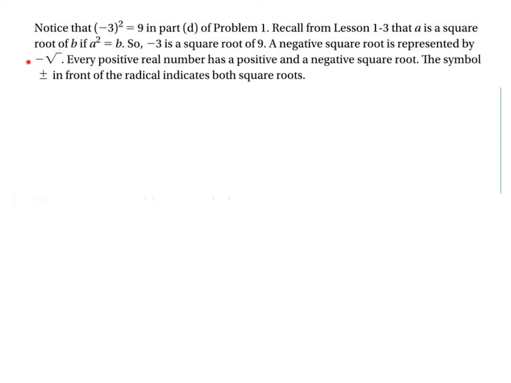And we represent it by the negative of that if we wanted to come up with -3. Every positive real number has a positive and negative square root, and so when they put this sign in front, what they're saying is we're talking about both answers. So if I say the square root of 9, I should be able to say plus or minus 3, meaning positive 3 squared is 9, and -3 squared is also 9.